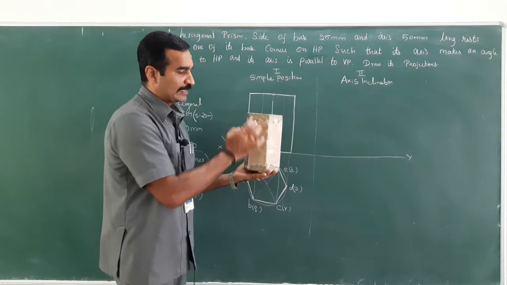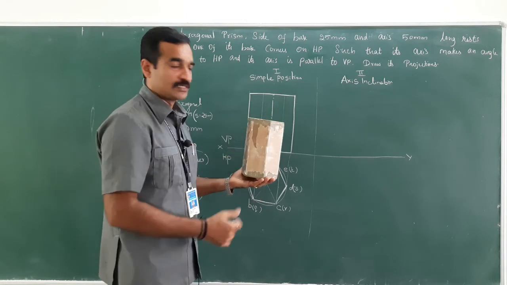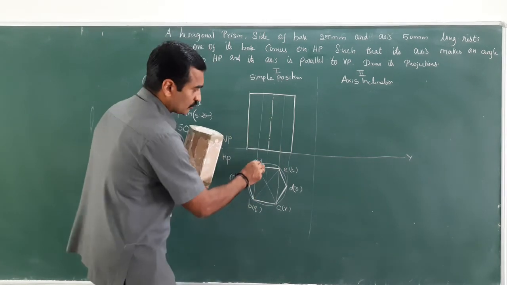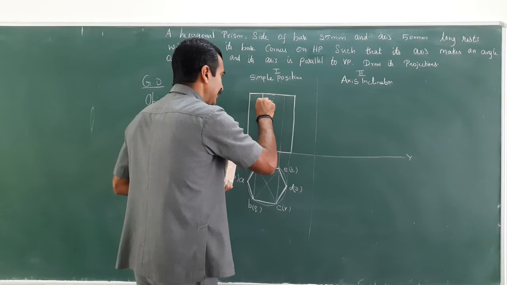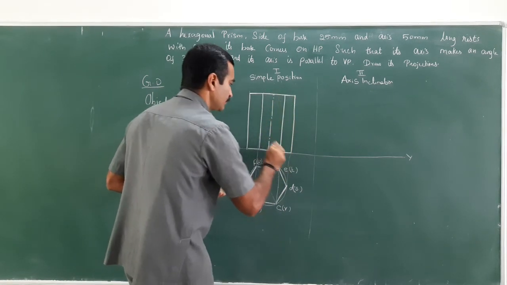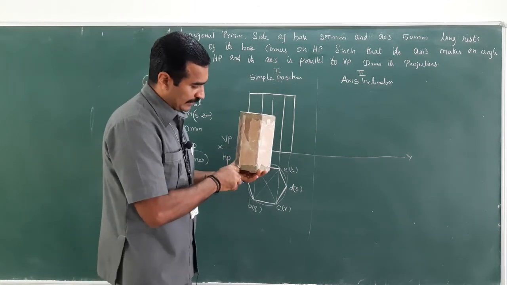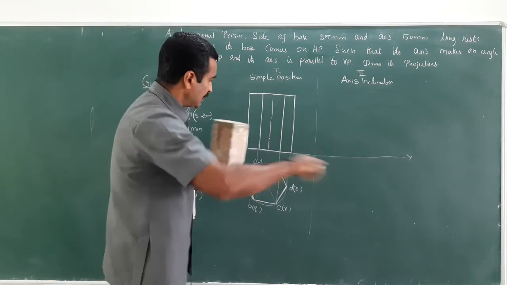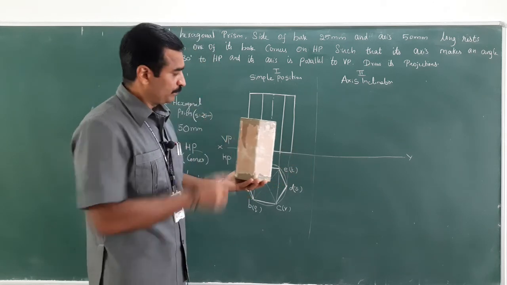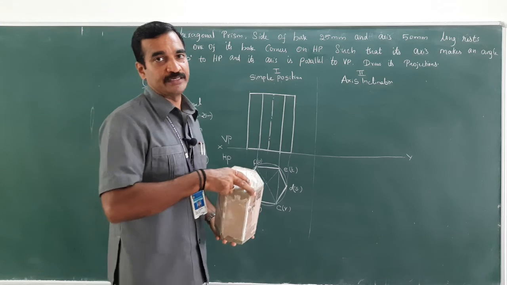What about this rectangular face or lateral face, which would be visible? So just draw a dark line. Clear? Now look at here. This would be seen as a straight line and these longer edges would be visible, which I have captured here.